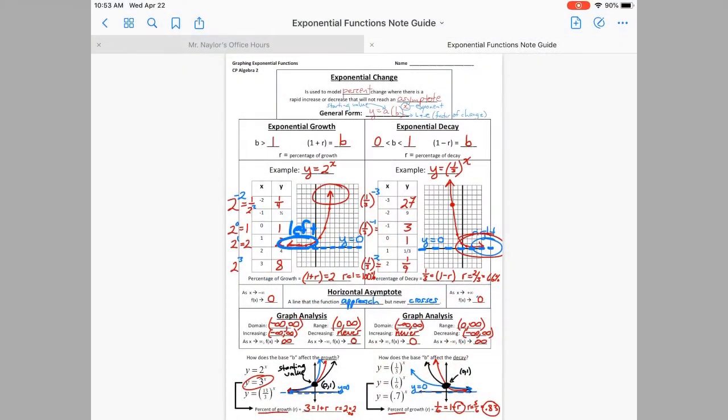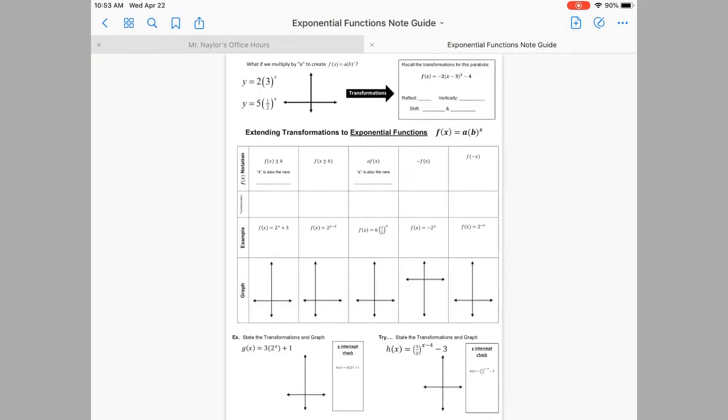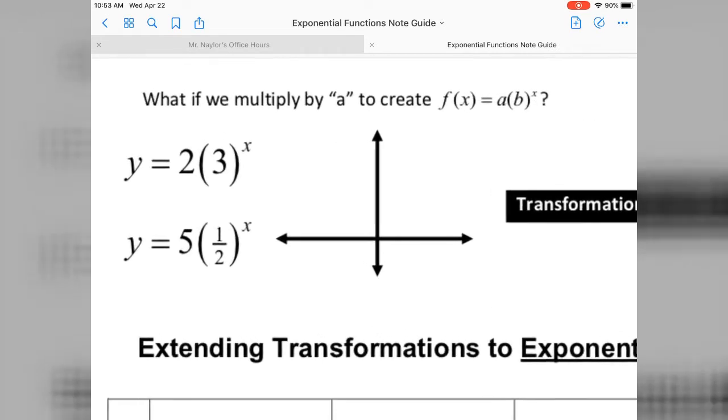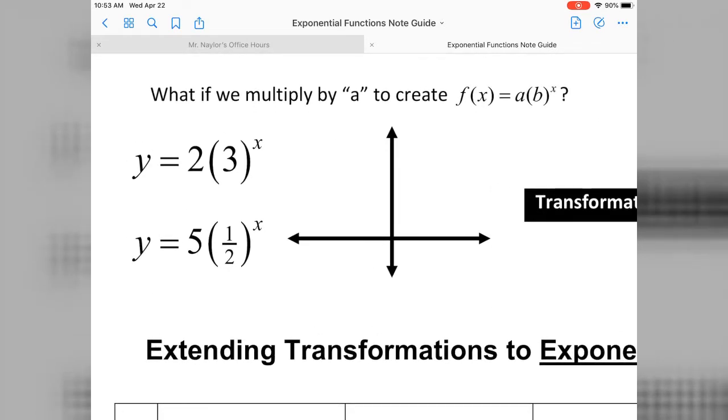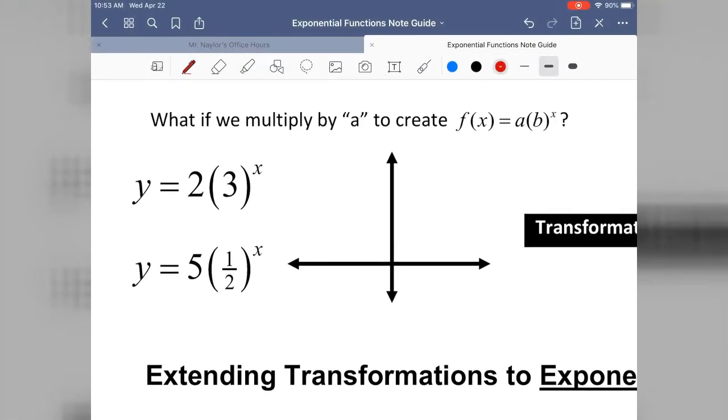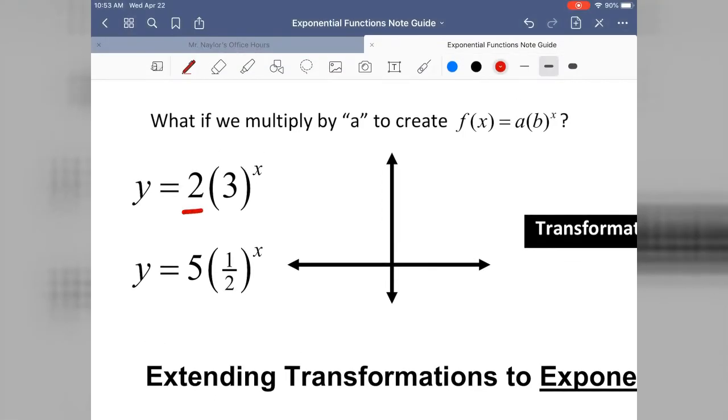Now, as we flip to the next slide, you'll see that we're ready to start to think a little more about this letter A. And the letter A is the number that's in front of the base. So you can see that we're clearly going to multiply by a different number, 2, or a different number, 5. Now, before we look at that, I just want to make sure that you're still aware that we have some things that we know. We know that this base is going to represent growth.